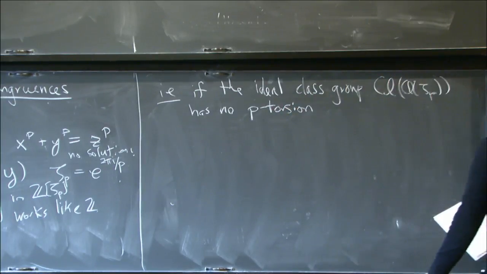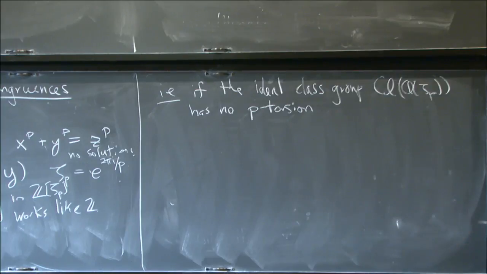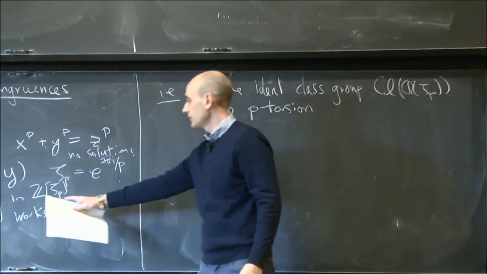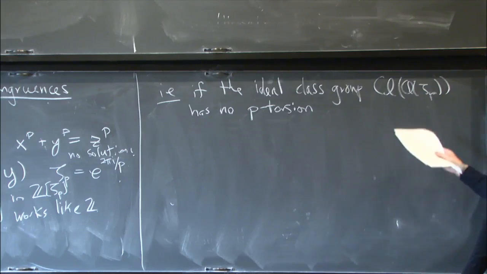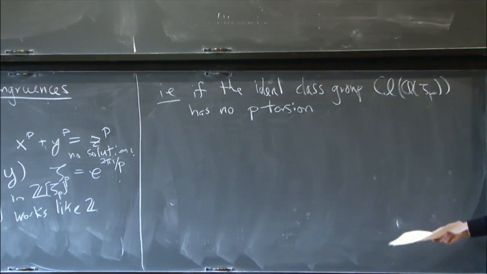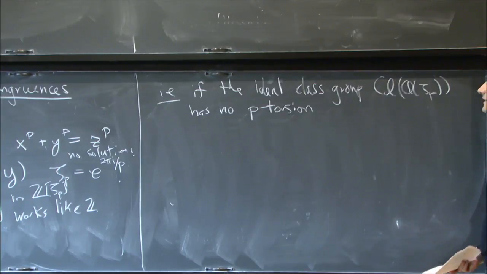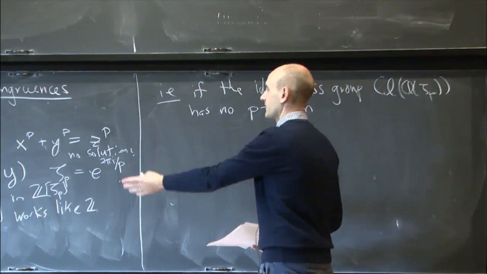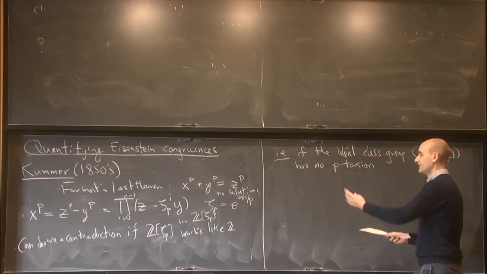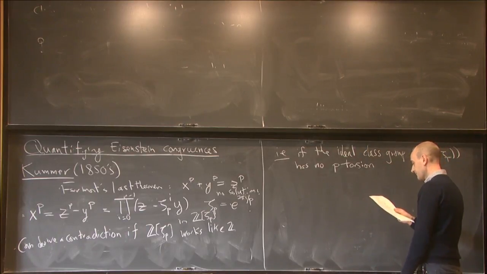So this is a finite abelian group that measures how far this ring is from being a unique factorization domain. So you may hope that maybe this group never has p torsion, and then we can solve Fermat's last theorem. But that's not correct, because Fermat's last theorem was not proven for another 100-something years.